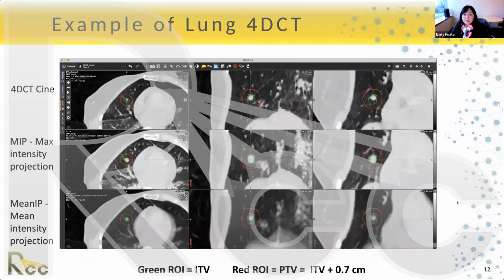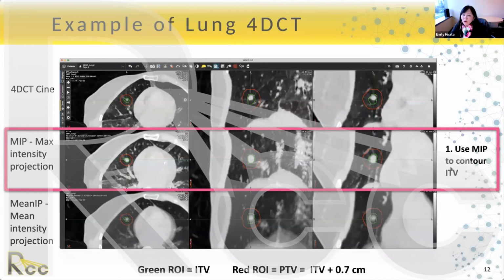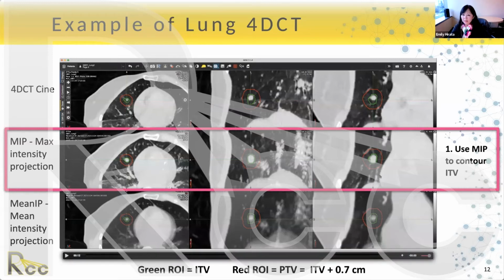And why this is useful is that the maximum intensity projection image is helpful for contouring this ITV. If you don't generate this maximum intensity projection, then the other thing to do is actually contour your ITV on all the phases, essentially contour this tumor on all 10 of your phase data sets.